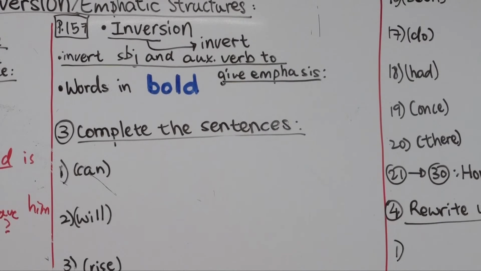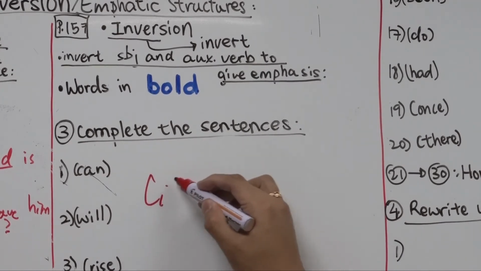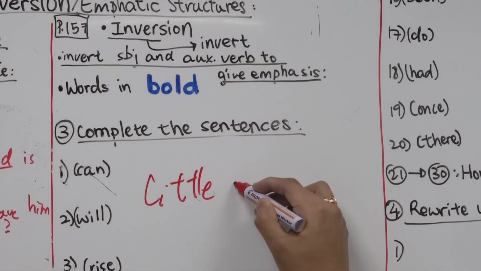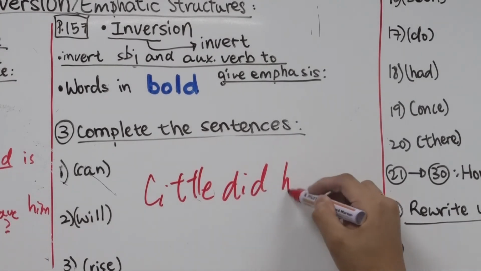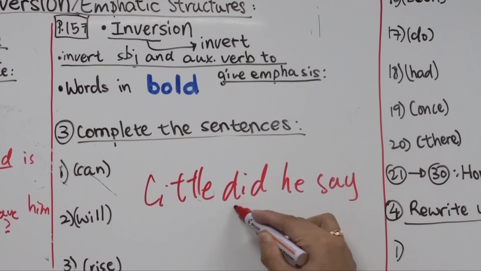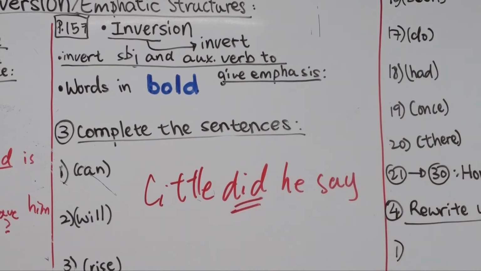Okay, so how do we form these sentences? Look at the first prompt: "Little did he say about his accident," "Rarely does he visit." Let me explain this briefly so you understand. "Little did he say." We have the emphatic here, right? And then we also have "Rarely does he visit."